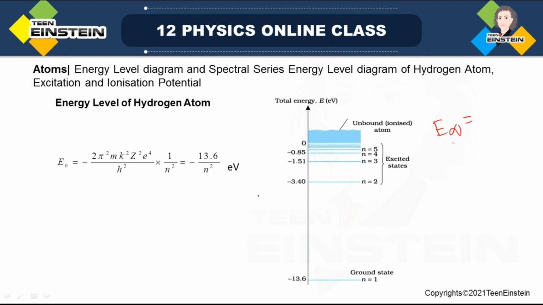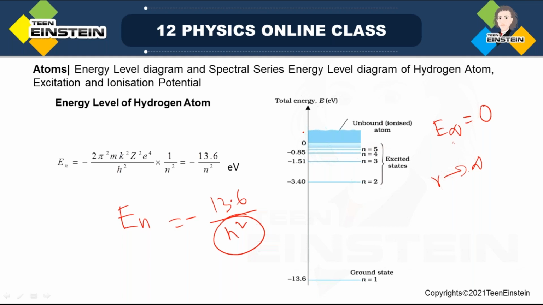At the ionized state, the energy is taken to be E infinity, when the electron has been taken very far away from the nucleus, that means the radius tending to infinity. In this case, the energy will be 0. You can just put it here. We have E n is equal to minus 13.6 by n square. So you put n is equal to infinity, and what you get is energy equal to 0.